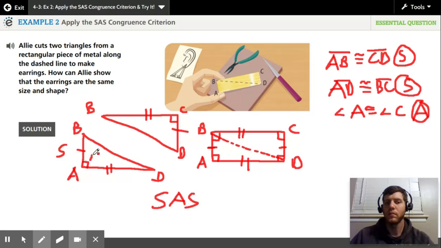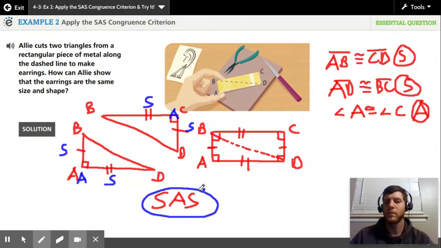Here's the angle. Maybe I should do that in different colors. Right, side. Then we have angle, and then a side. So it goes side, angle, side.